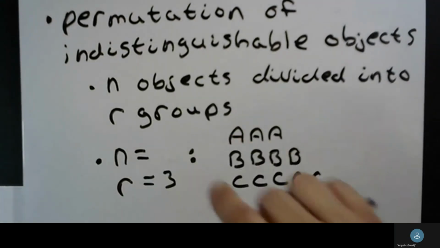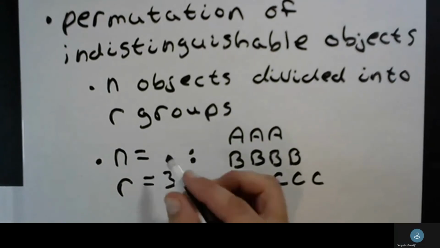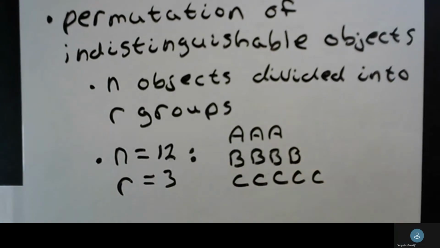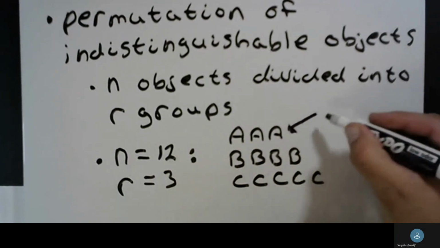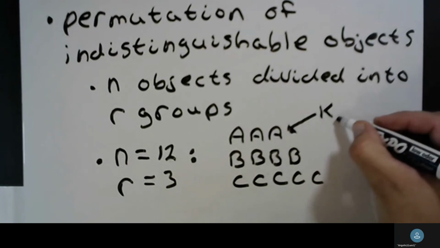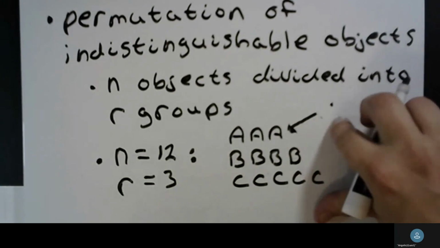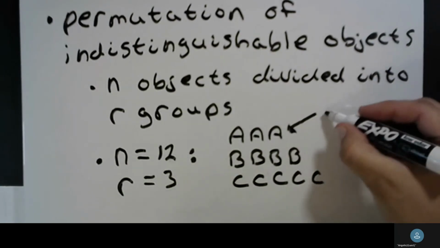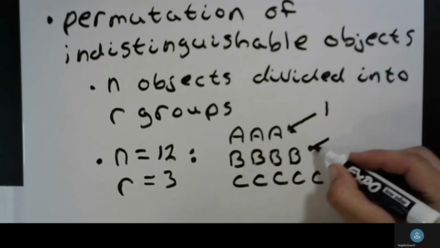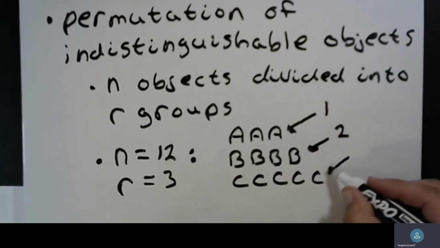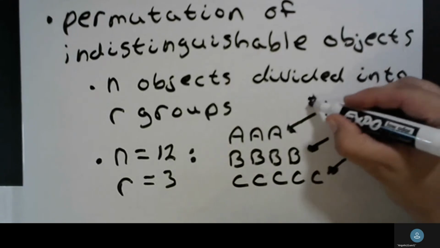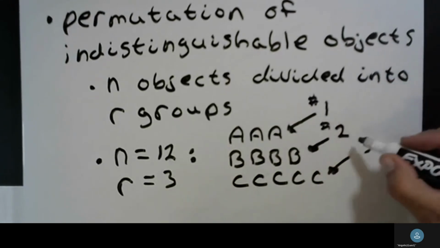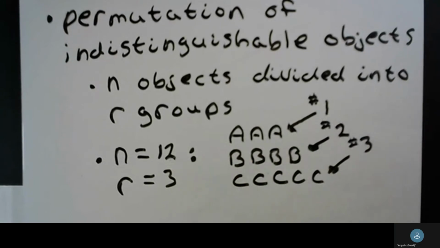We'll keep R as 3, and n is 12. Now we have 12 total objects. I'm going to call this group 1, this group 2, and this group 3.